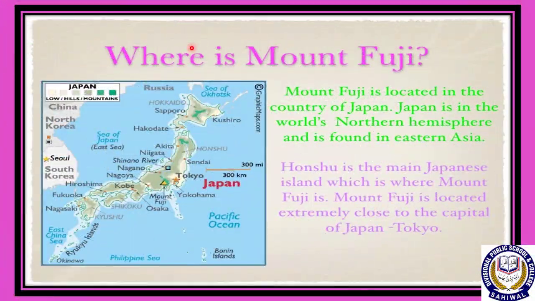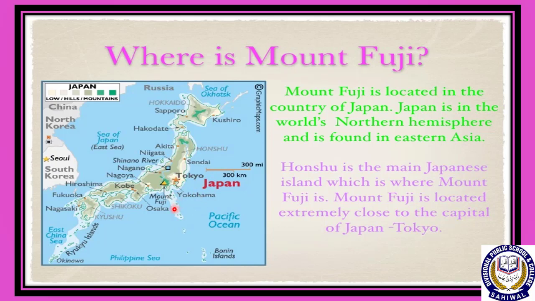Now we are going to discuss the examples. The first example we are going to discuss is Mount Fuji. The question is, where is Mount Fuji? Mount Fuji is located in the country of Japan. Japan is found in the Northern Hemisphere, in Eastern Asia.